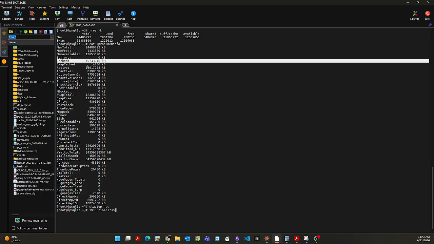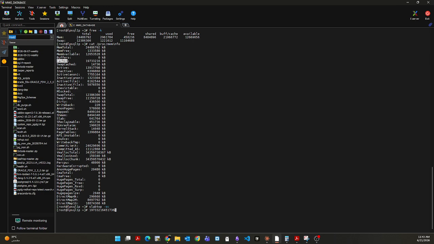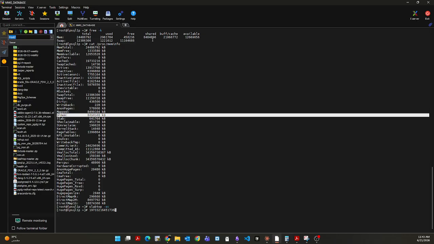For example, you'll find that Cached includes the Shmem here, which you see here. This is the shared and the free. The shmem is basically, there are two ways of using the shmem. There is one by backing up the memory in tmpfs.